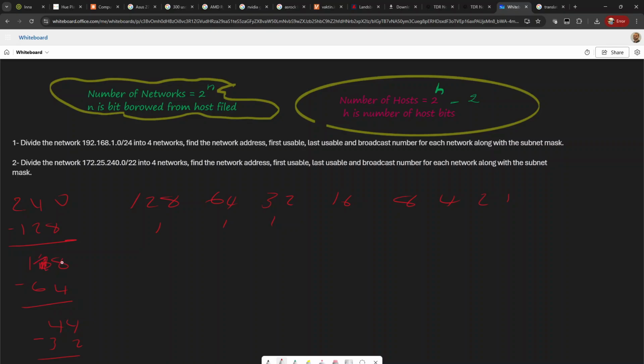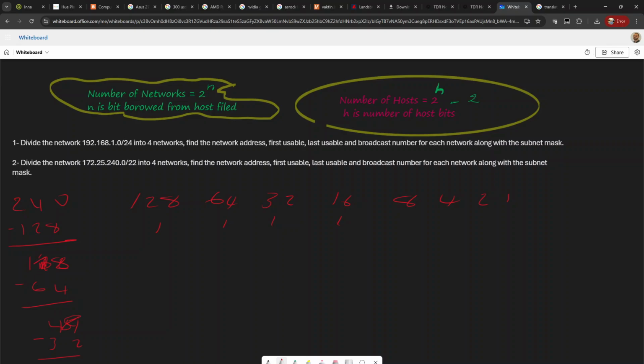So 112 minus 64 is 48. How many 32 inside 48? It's 1, and 48 minus 32 is 16, exactly 16. How many 16 inside 16? We get 1.